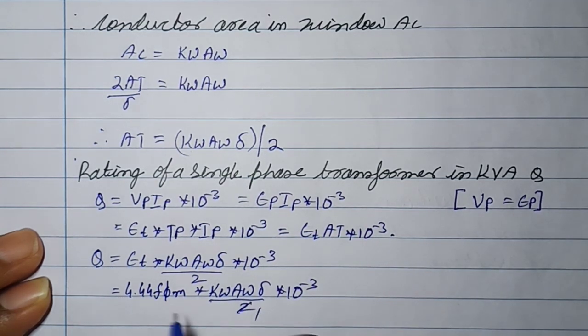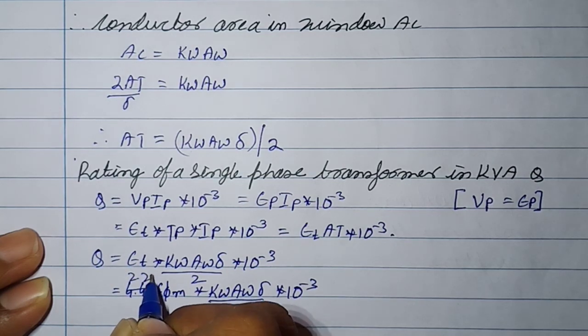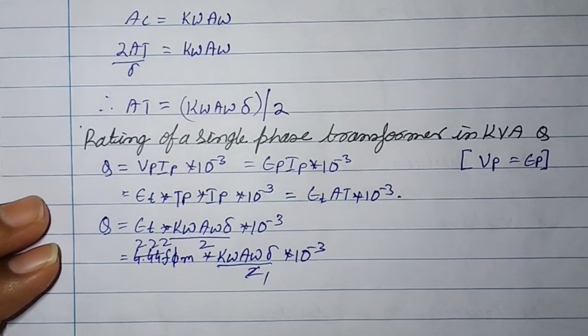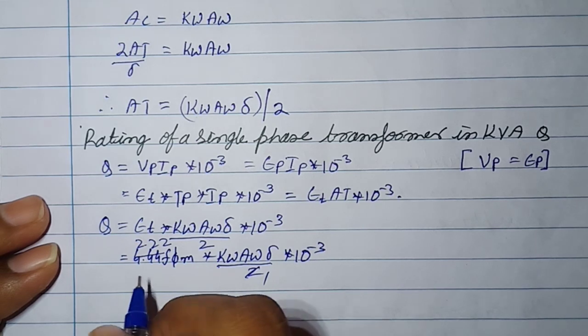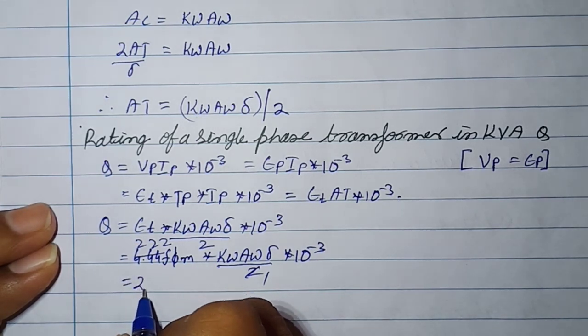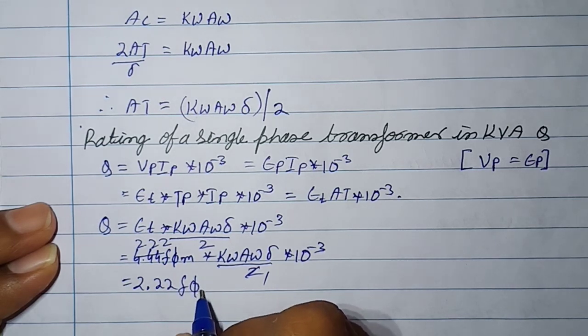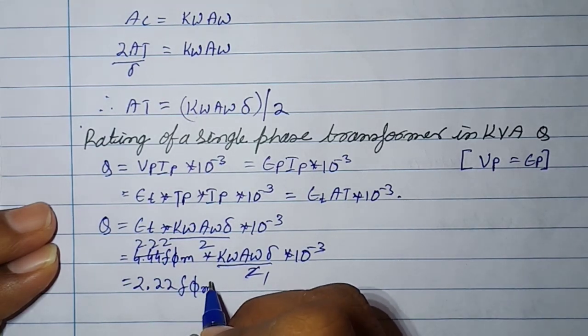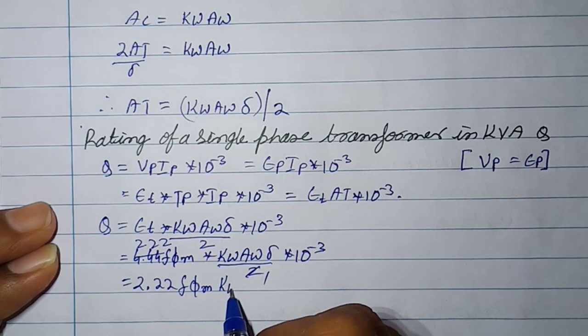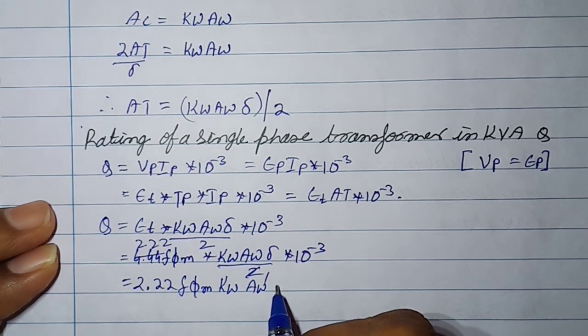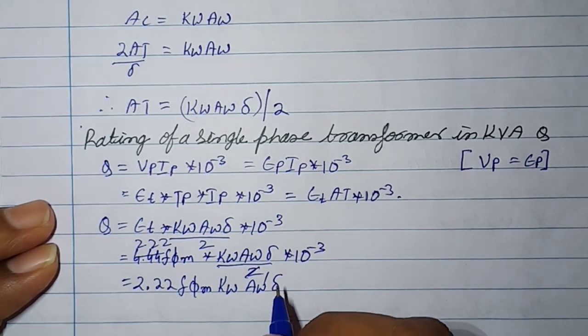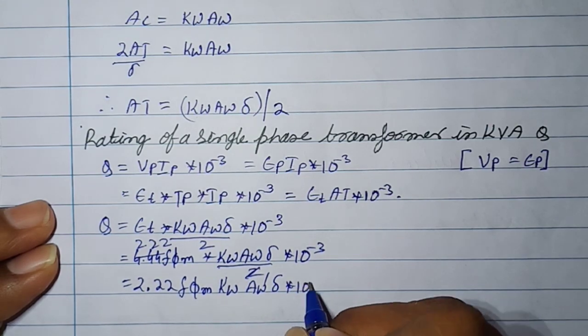So this and this, it is 2. So we will be getting here 2.22 F phi m KW AW delta into 10 raised to minus 3.